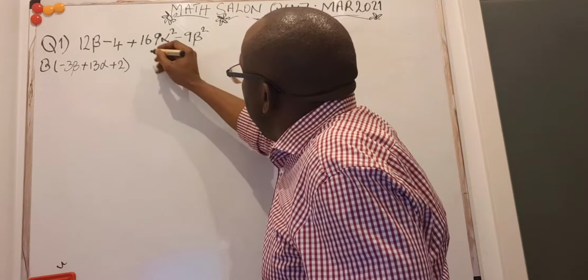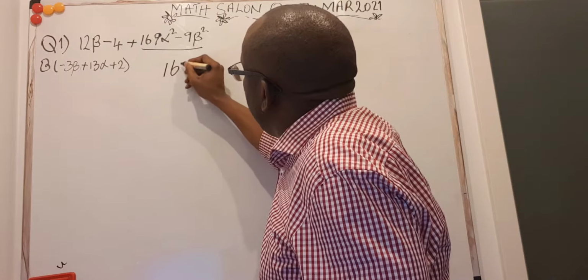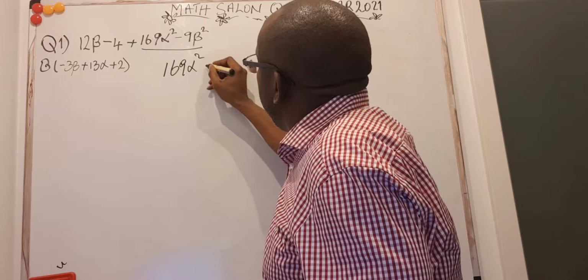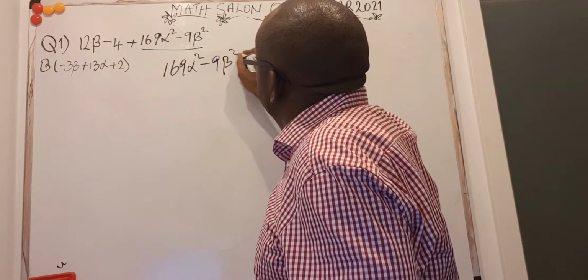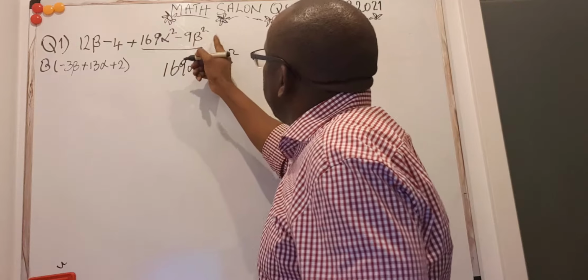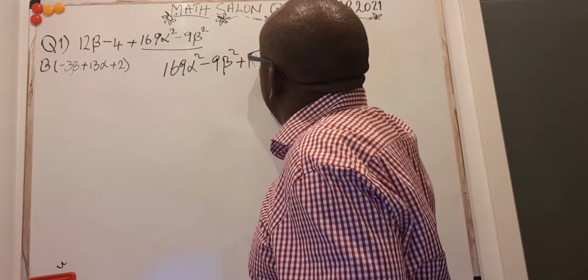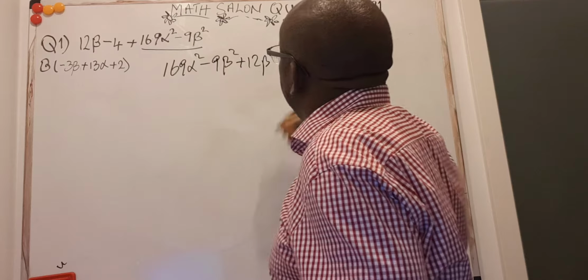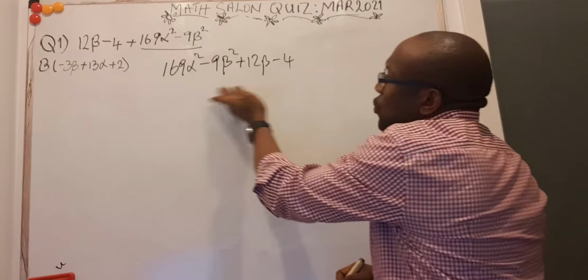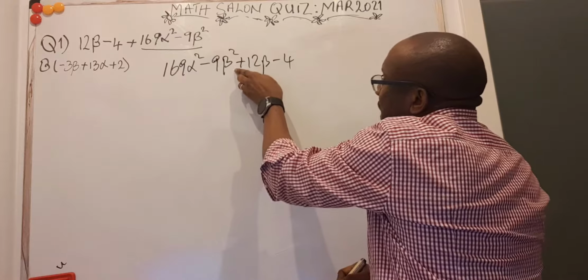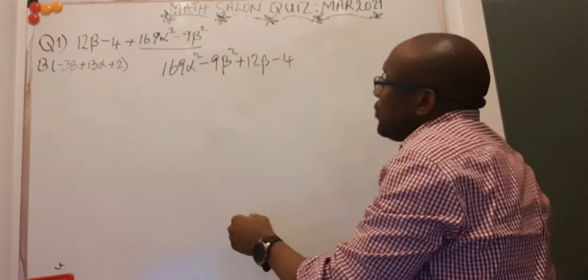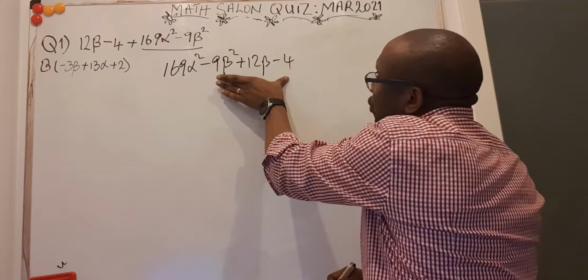If that is the case, I would look at this part here and say this is 169 alpha squared minus 9 beta squared. And I shift these two terms this way. So this is plus 12 beta minus 4. You see, this looks much more beautiful as I get beta squared, beta, and beta 0 if you want to say that. So this looks like a quadratic equation in beta.